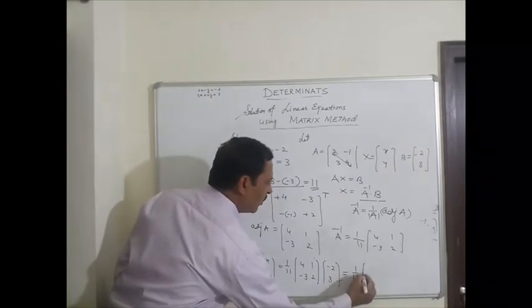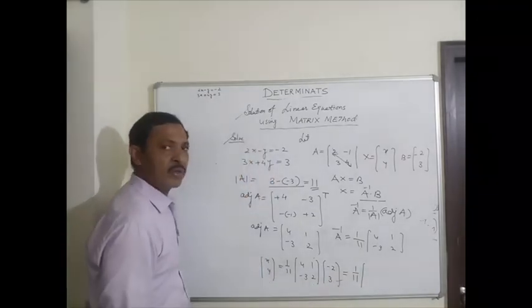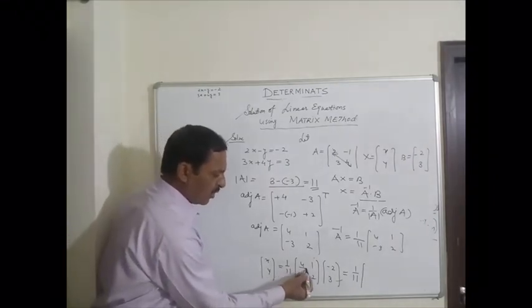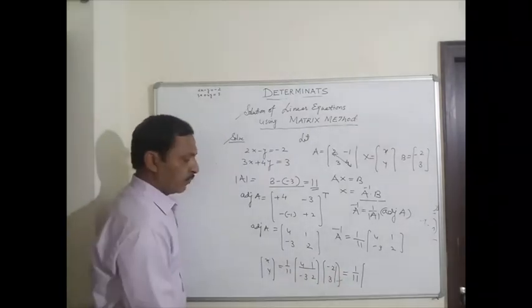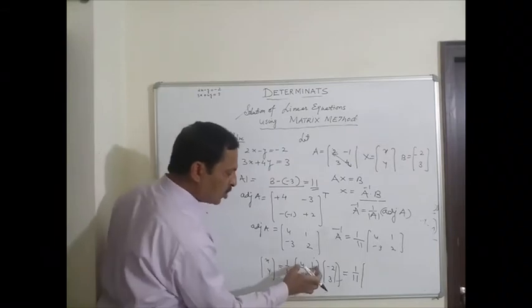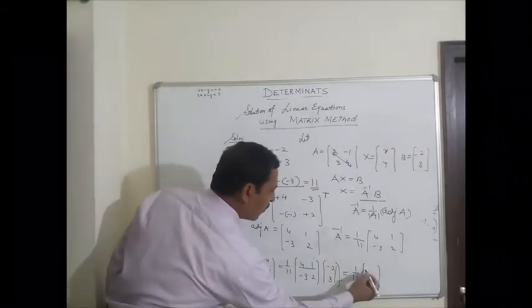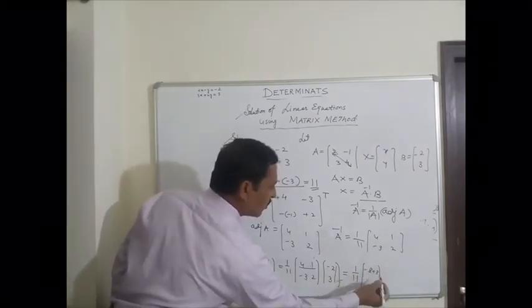1 over 11. Now it is the multiplication of these two matrices. The best thing is we underline the first row and multiply by the elements of the columns of the second matrix. So row multiplication with the column. What is the answer? It's -8 and then it is the 3 here.